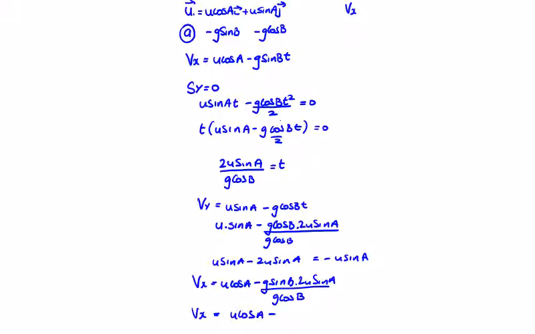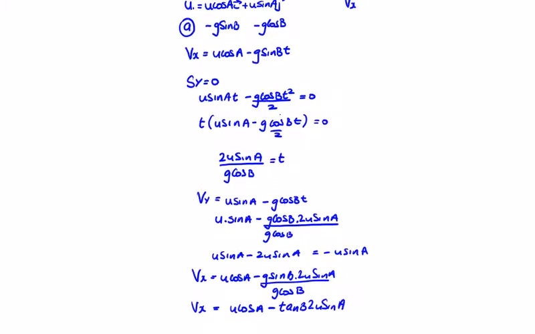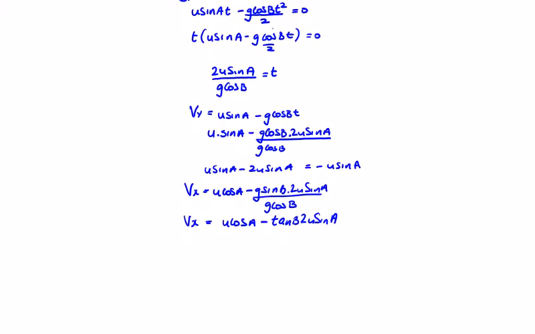We're going to have sine B over cos B, which is tan B, and we have 2u sine A. So as we said before in these questions, we have a cos A here and we have a sine A. If we divide both by cos A, we're going to get v of x being equal to u minus 2u tan A tan B.